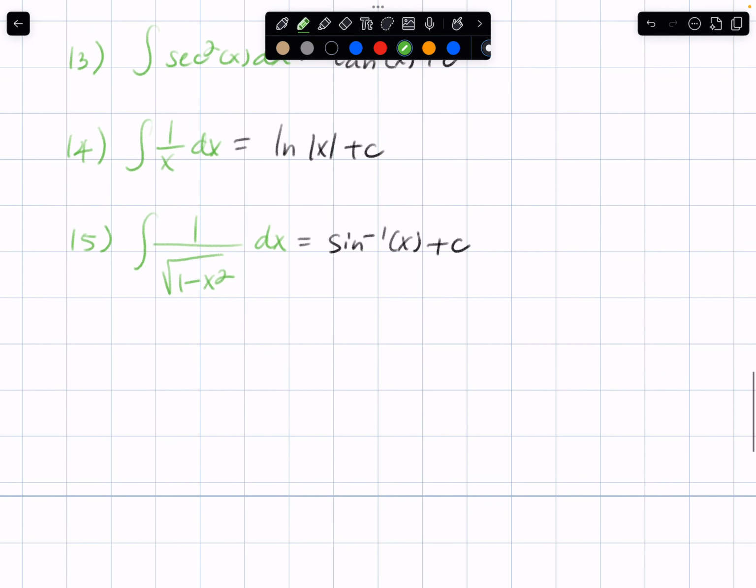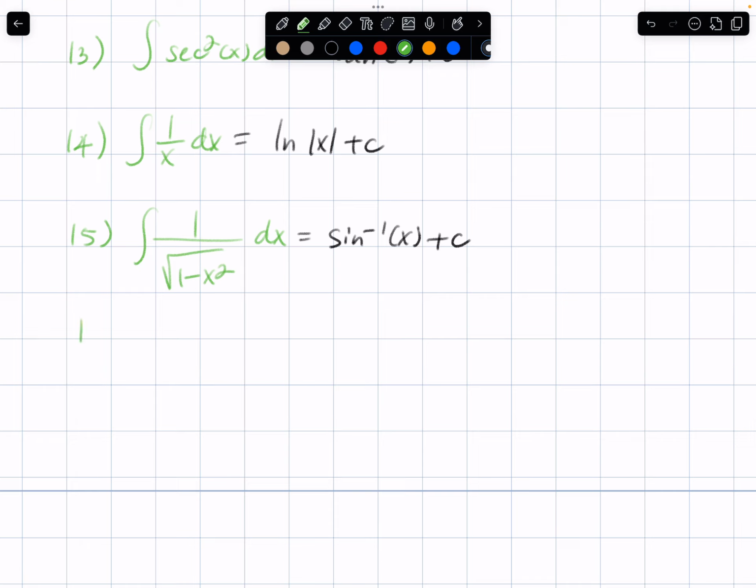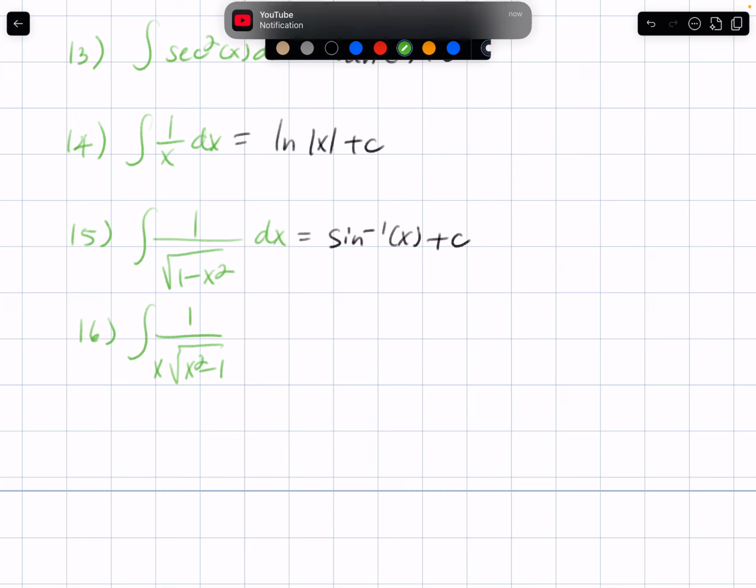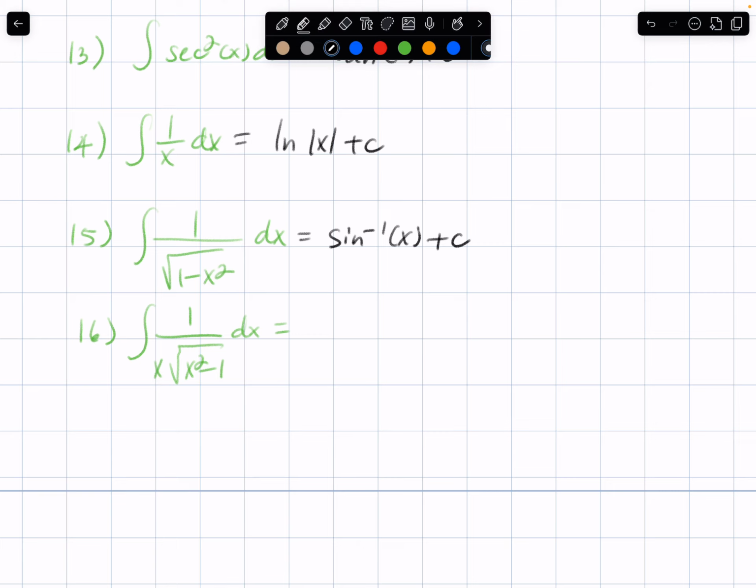Okay. So we got like three more, and then we'll be done. The integral of 1 over x times the square root of x squared minus 1 dx equals arcsecant of x plus c.